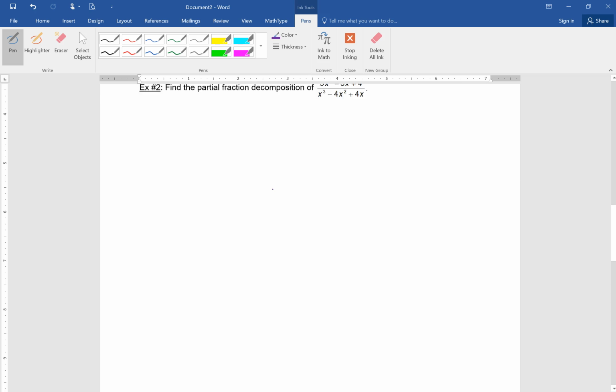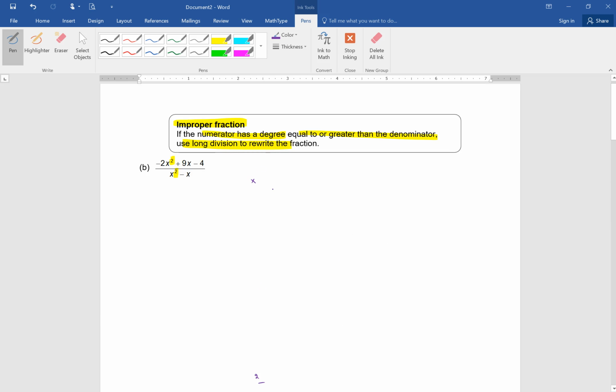The reason why we can't do synthetic is because the denominator has a degree higher than 1. And here we have negative 2x squared plus 9x minus 4. Here's a reminder on how we do long division. These aren't going to be very long for partial fractions.